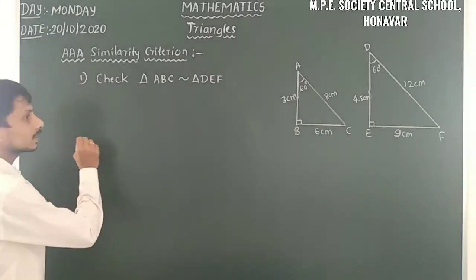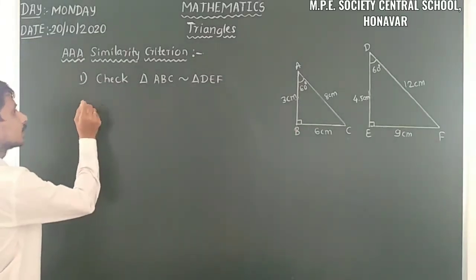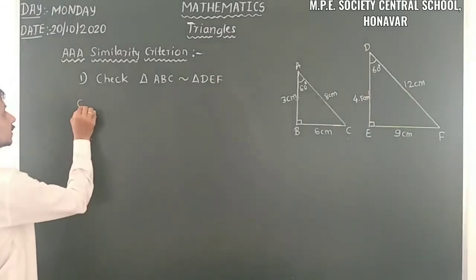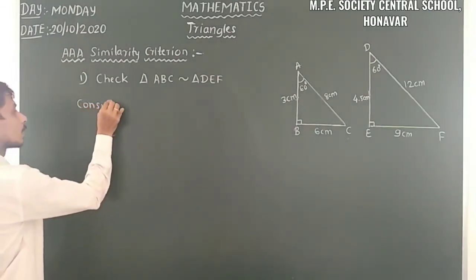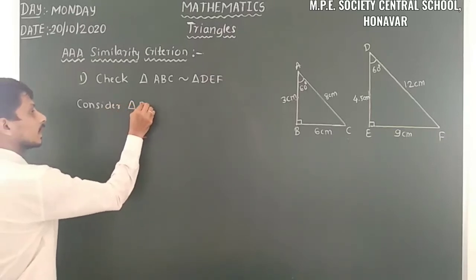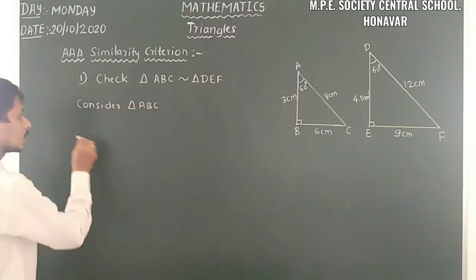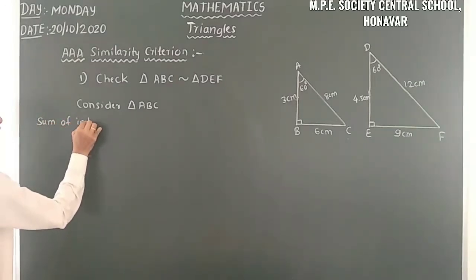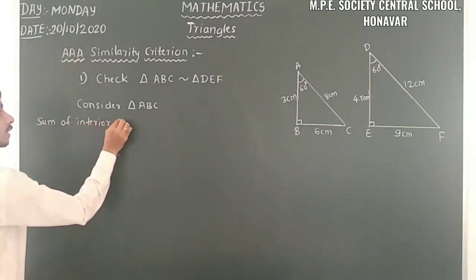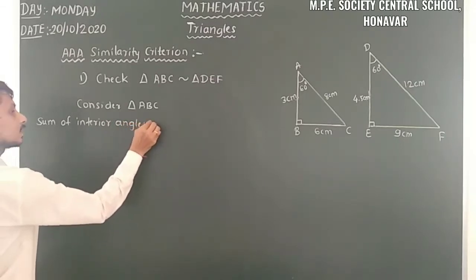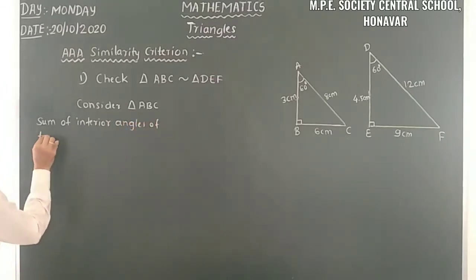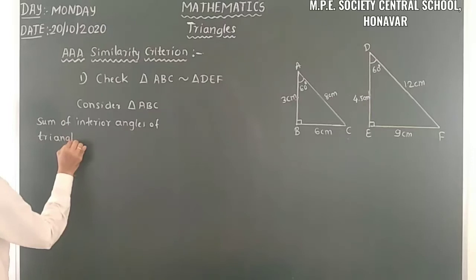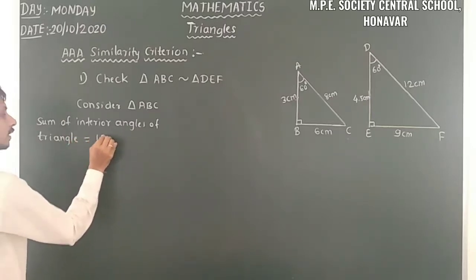Here I will consider only triangle ABC first. The sum of interior angles of a triangle is 180 degrees.